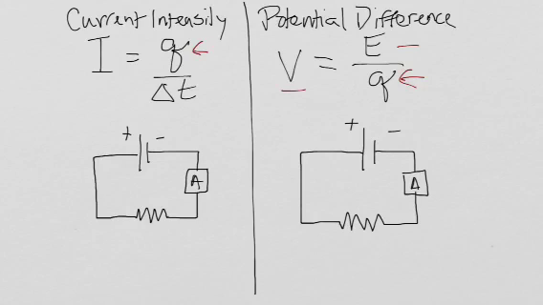Now, to measure potential difference, on the other hand, if we look at the definition, potential difference is the amount of energy transferred between two separate points in one circuit. If I look at this circuit and say point A is right here at the start of this wire, and point B is at the end of the wire, is anything taking place there other than just wire connecting?